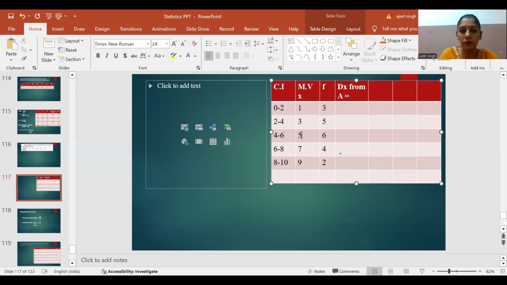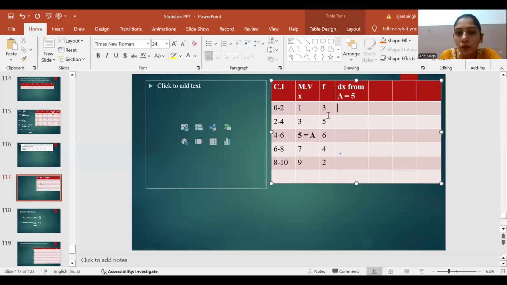We will consider 5 as the assumed mean. Now we have to calculate the value of dx from 5.